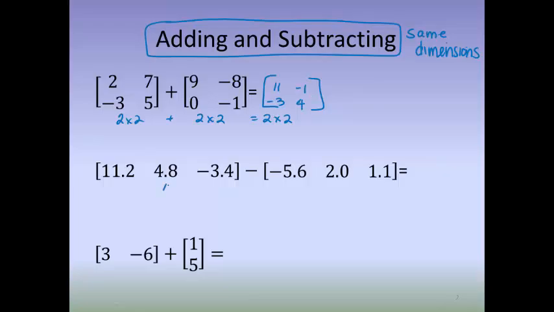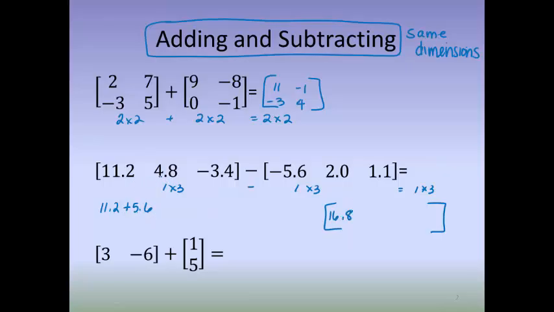Here we have a 1 by 3, that is, we have one row and 3 columns, minus another 1 by 3, so my result will be a 1 by 3. So I'm going to write the result down here. Okay, so here we are subtracting. You need to be very careful with the negatives. So I have 11.2 minus a negative 5.6, which means I'm going to be adding them together, making that 16.8.